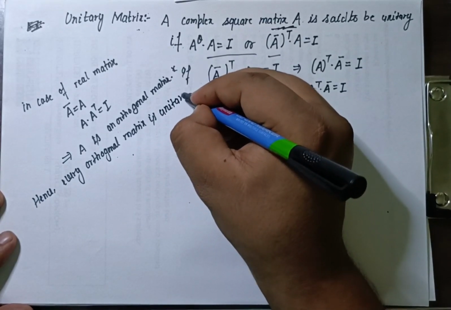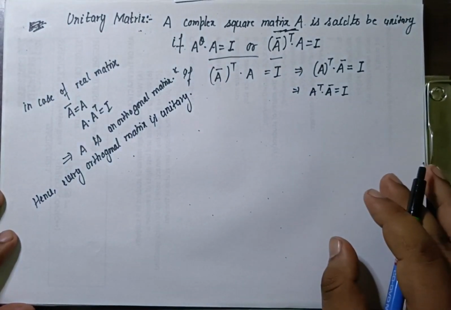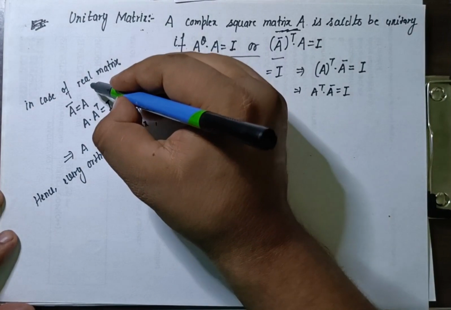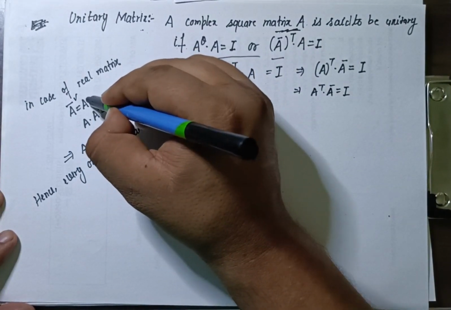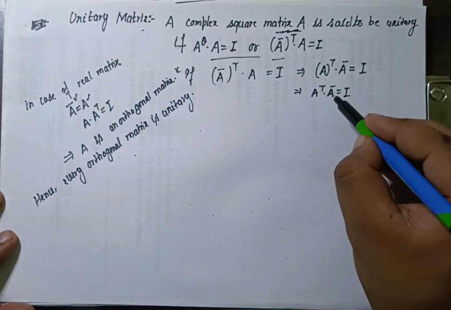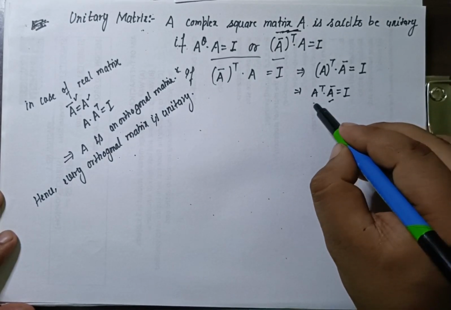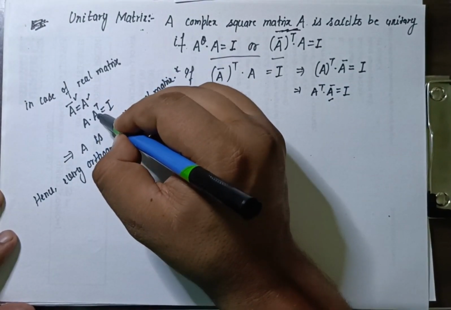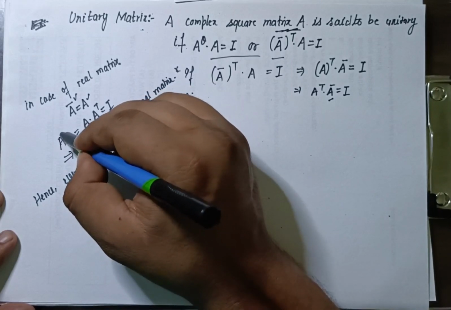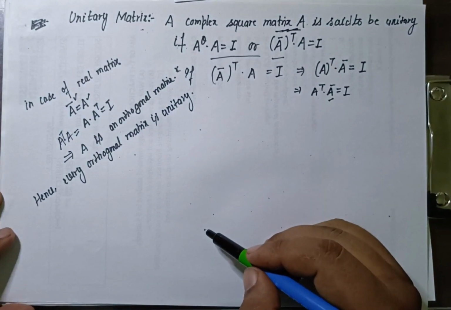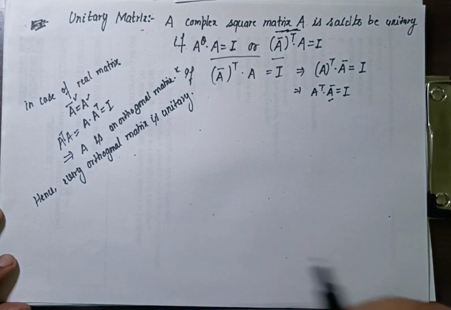In the case of a real matrix, all the entries are real, so A conjugate will be equal to A. So we get A into A transpose or A transpose into A equal to identity, which is an orthogonal matrix. So this implies that every orthogonal matrix is a unitary matrix.